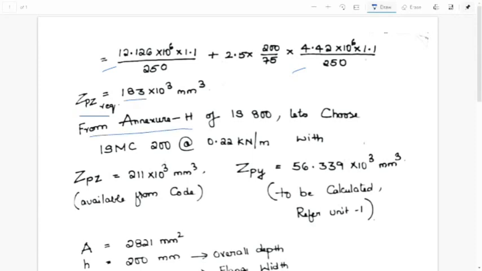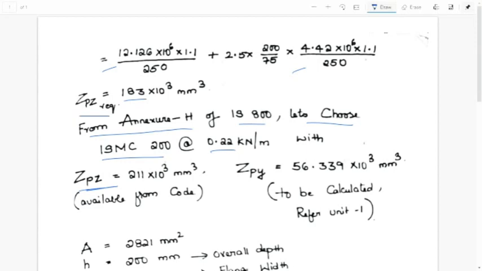And from annexure H of IS 800, let's choose an ISMC, Indian Standard Medium Channel section, 200 at 0.22 kilonewton per meter self weight, with the plastic section modulus about Z axis 211 into 10 to the power of 3 mm cube, and Zpy, which equals 56.339 into 10 to the power of 3 mm cube.